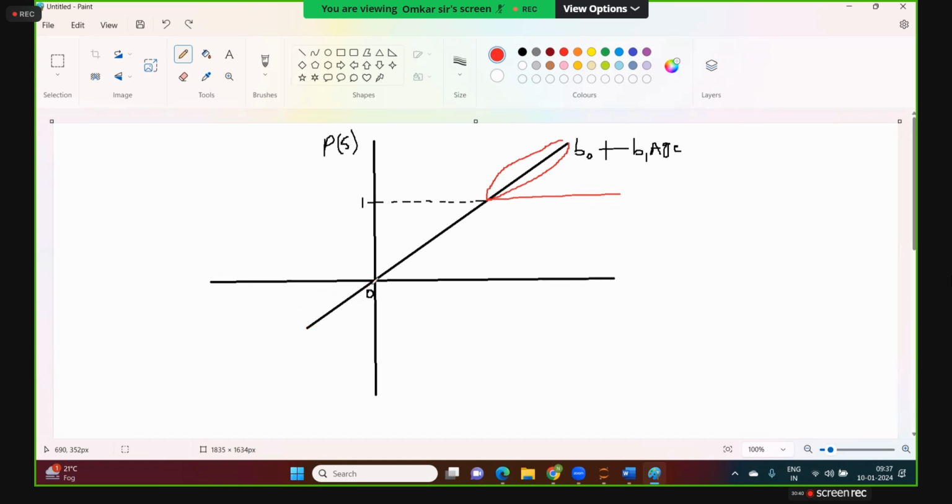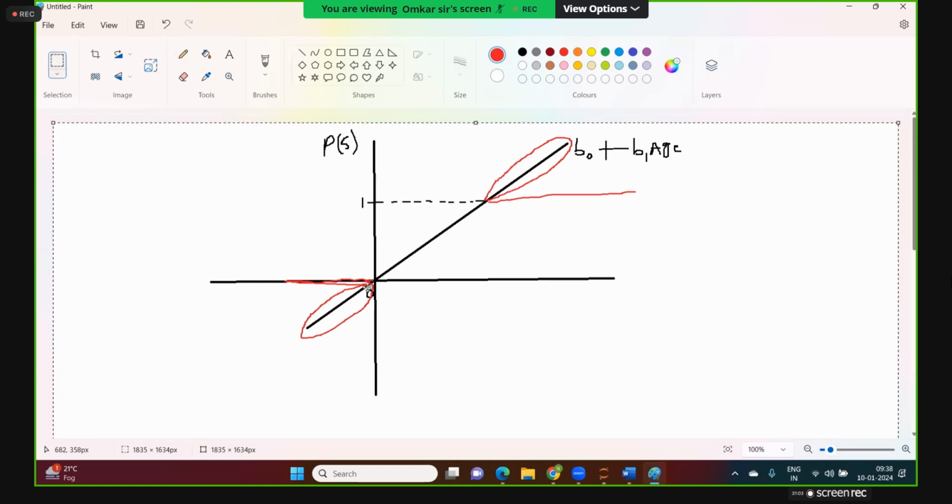It is only a 0 to 1 range, so whatever is more than 1, I will make 1 only, and whatever is less than 0, I will make 0 only. This is the idea. Now, which mathematics will give that?